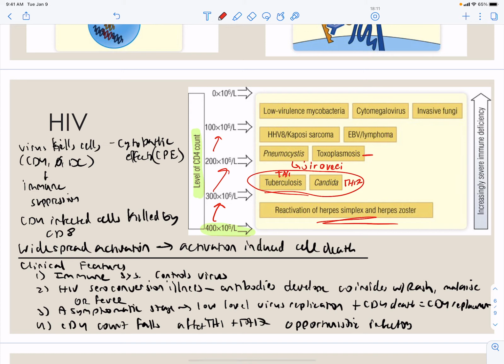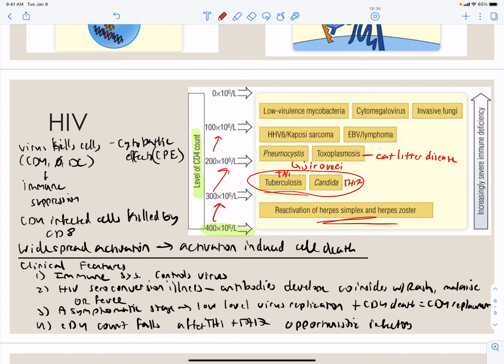Toxoplasmosis, this is the cat litter disease. And again, if you have a cat and you've been exposed to toxoplasmosis, you've been infected with it, it's a chronic infection, you don't get rid of it, but your T cells keep it in check. As you lose the ability of your T cells to function, you lose your CD4 T cells, then you're not able to keep the toxoplasmosis in check and you've got a disease now.